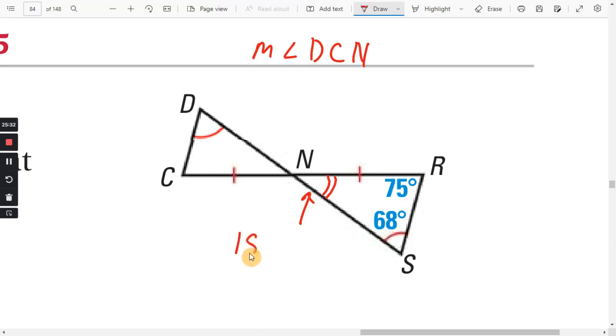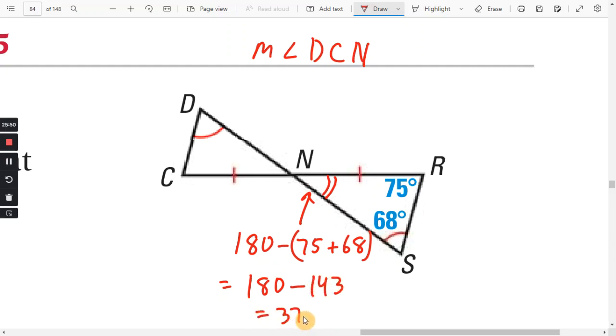That's going to be 180 minus 75 plus 68. And 75 plus 68 is going to be 143, and 180 minus 143 is 37. So this one here is 37.